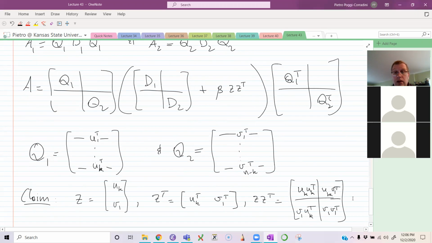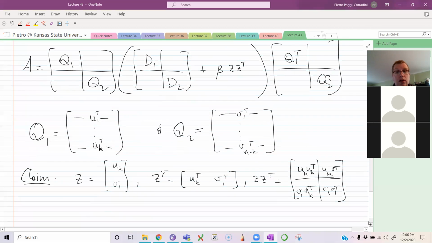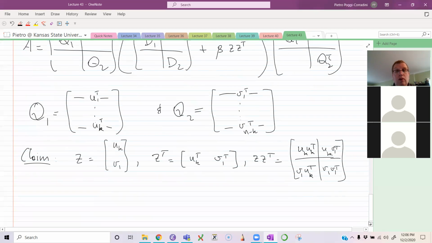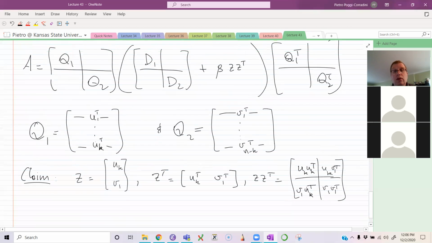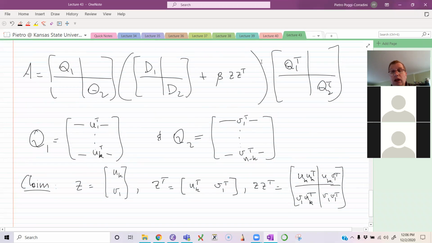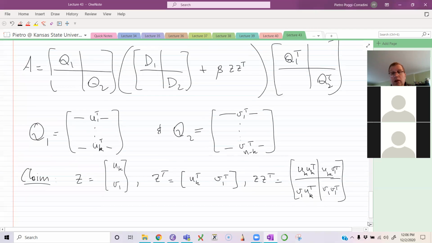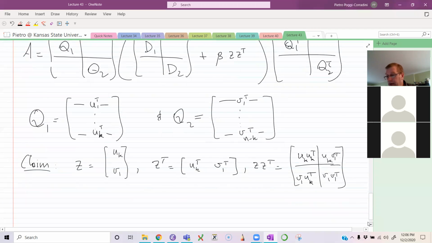All right, so when you unfold here, you multiply from the right by this and from the left by that, then you're going to get ZZ transpose.